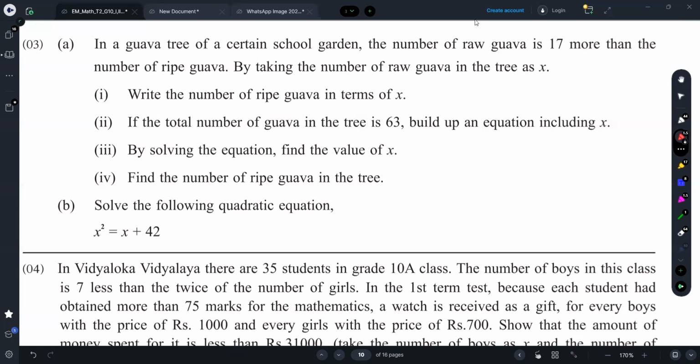The number of raw guava is 17 more than the number of ripe guava. Then raw guava is x, and the number of ripe guava is x minus 17.